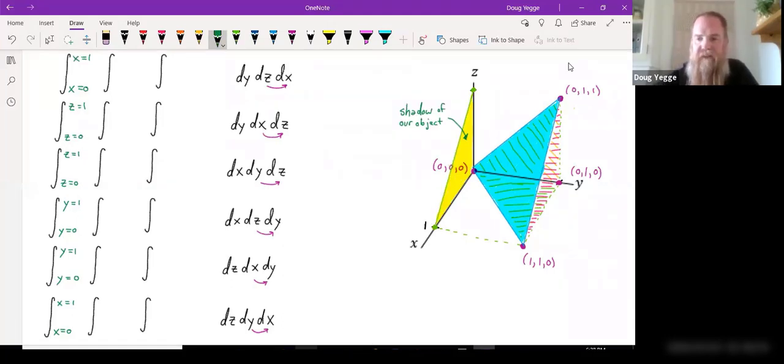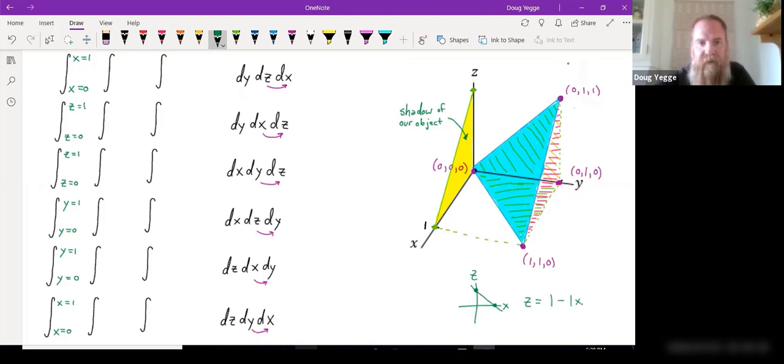We now have our shadow of the object in the xz plane, and we want to determine what the equation is in terms of x and z. So let's think about this on our xz plane. It would touch at z equals 1, it would touch at x equals 1, and it would cut through. So that's nothing more than z equals the y-intercept of 1 and a slope of negative 1: z equals 1 minus x.